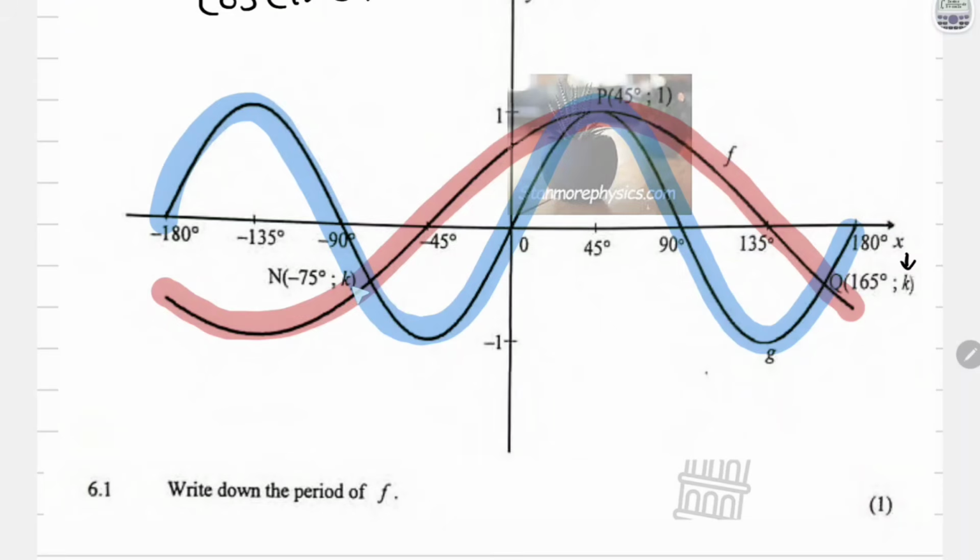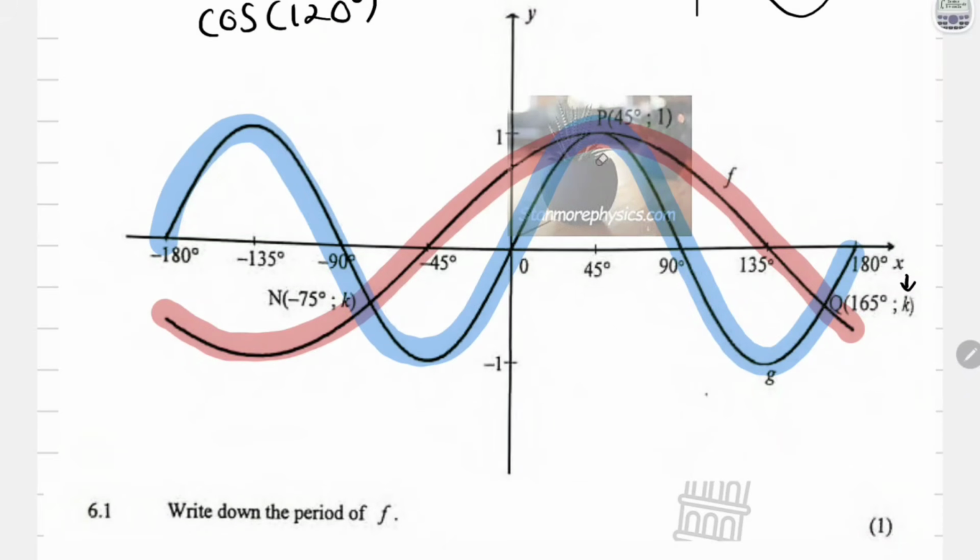Okay, so here are our graphs. We know all the places they intersect. We're going to move them to the left by 60 degrees. Okay, so let's take a spot that we can actually just focus on and nicely move it by 60 degrees. Focus on P, because if you are by P and you're moving 60 degrees to the left, you just have to say the angle at P is 45 degrees.